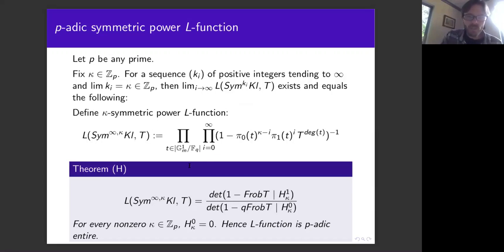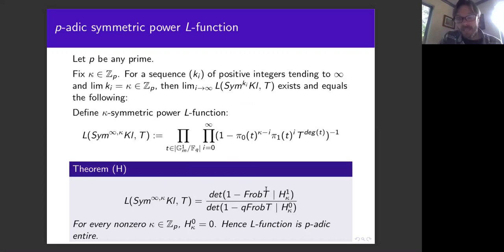And a few years ago, I showed that you could expand Dwork's p-adic cohomology theory to create a cohomology theory for objects of this type. So this is a theorem basically saying that such a cohomology theory exists for this object. And here, this is just giving that this L function is this quotient.